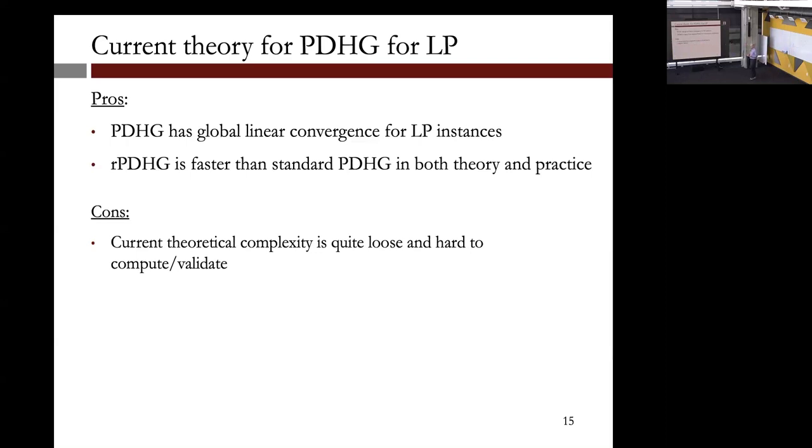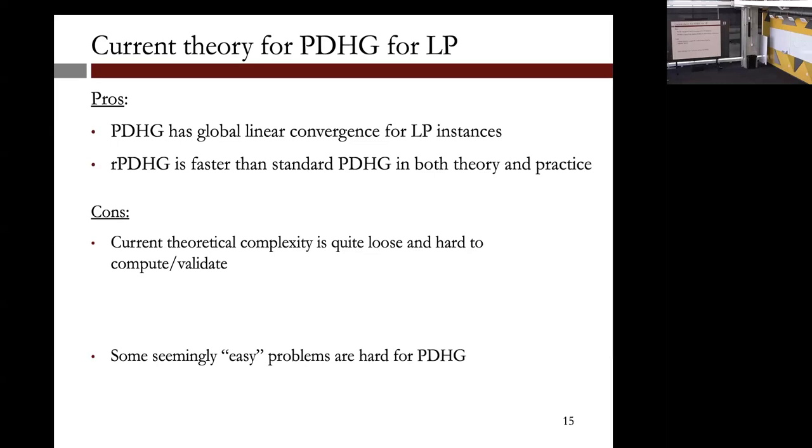We can bound it by something called the Hoffman constant of the matrix A. If any of you know what that is, it is so hard to compute, it's not even funny. It's an NP-hard problem just to compute it. Is that true? I think it is true. I just said it, it ought to be true. All right, so the current theoretical complexity is quite loose and hard to compute.